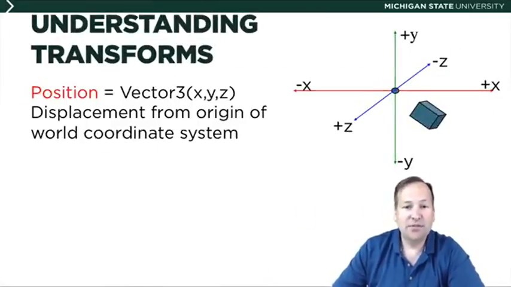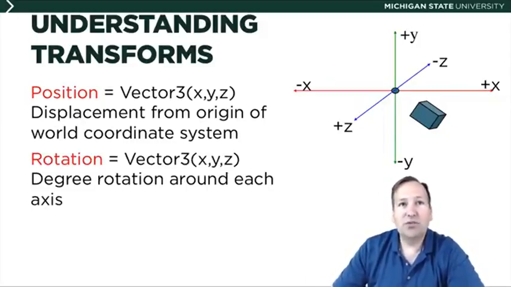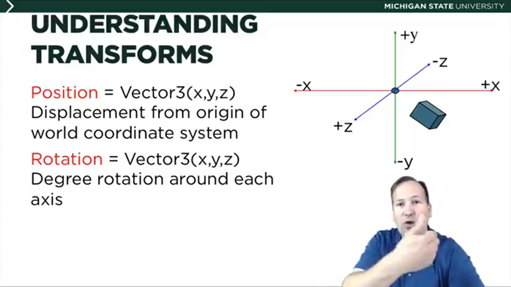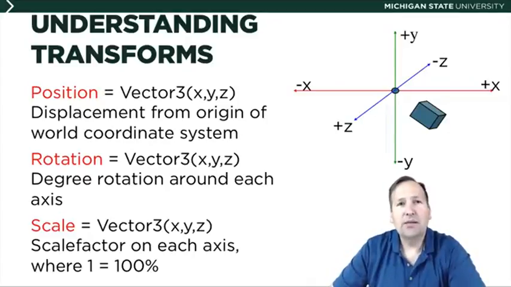Like I said, the position is the displacement from the origin of the world coordinate system: how many units over in the x, up or down in the y, and in and out in the z. Rotation is how many degrees of rotation around each axis. So how many degrees do we rotate around the x-axis, the y-axis, or the z-axis? And then scale is a little bit unique.